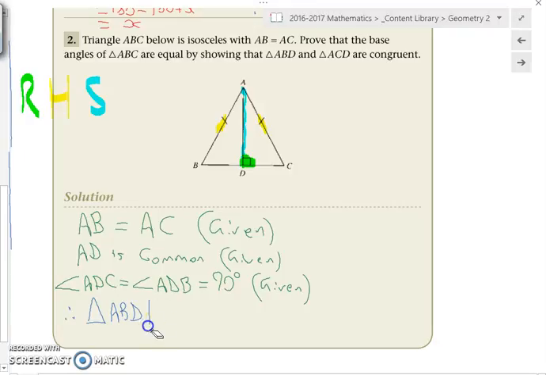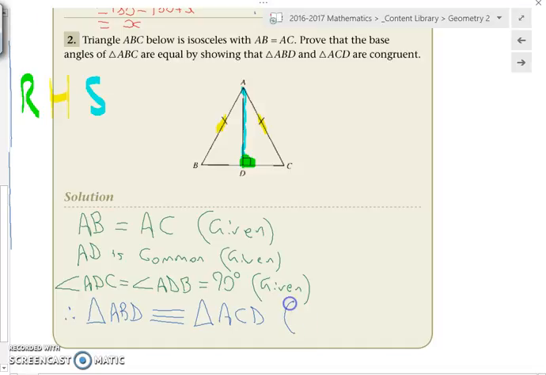Well done. Congruency. It's not just equals, it's really equals. Okay. Triangle ABD is congruent to triangle ACD.